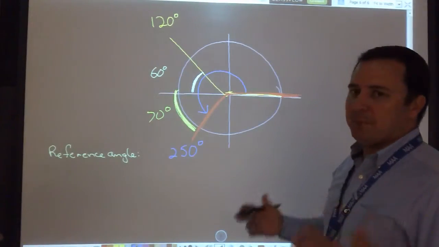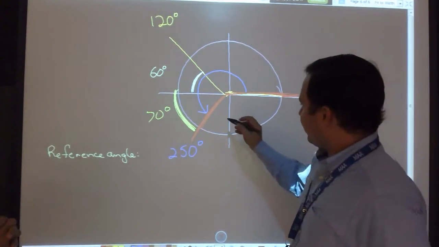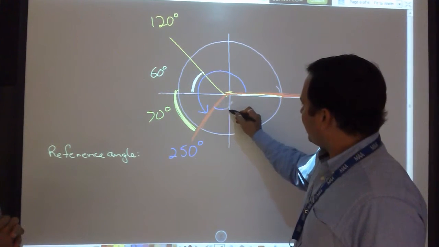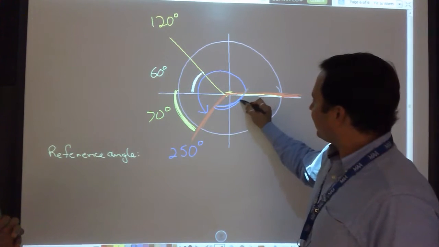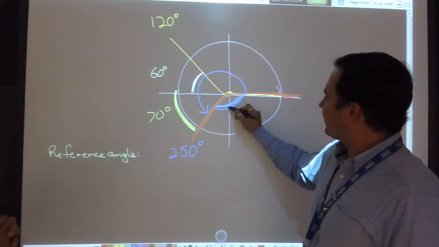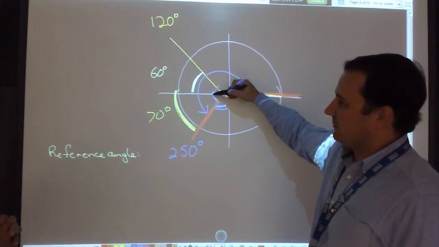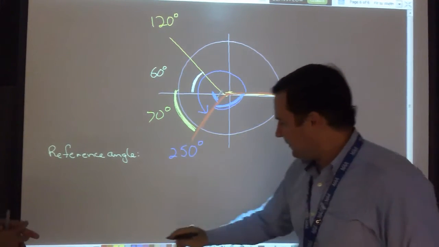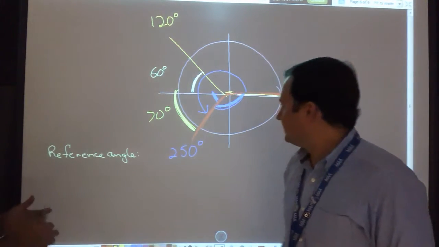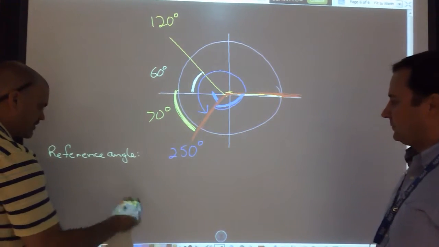It can never be bigger than 90 degrees, because if I were to measure the reference angle here, that's not the smallest angle. That's not the shortest distance to the x-axis. It's actually that part.